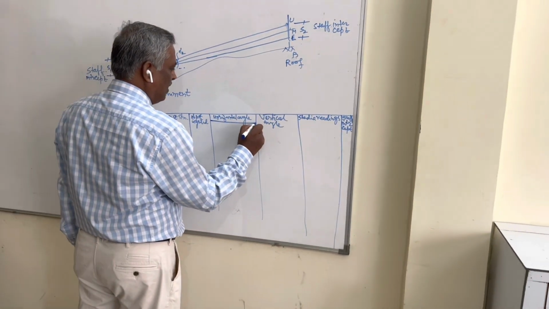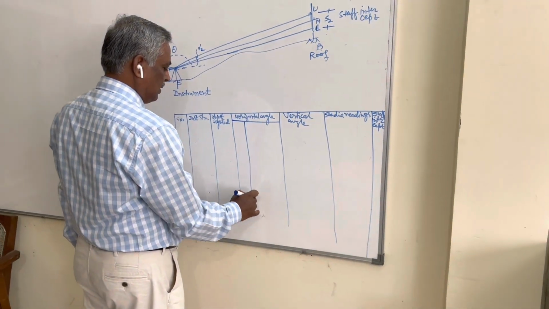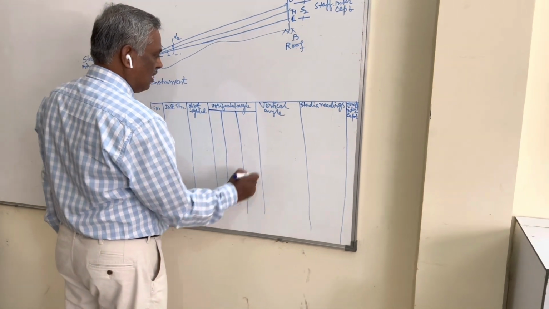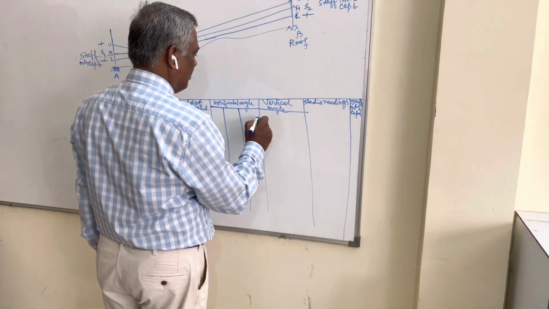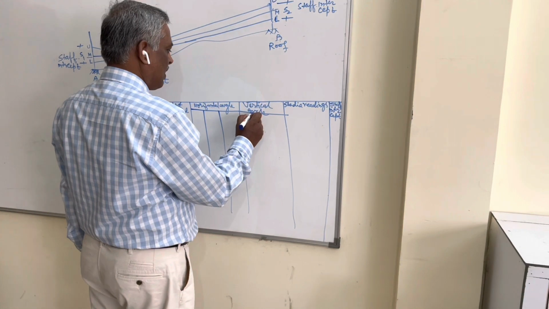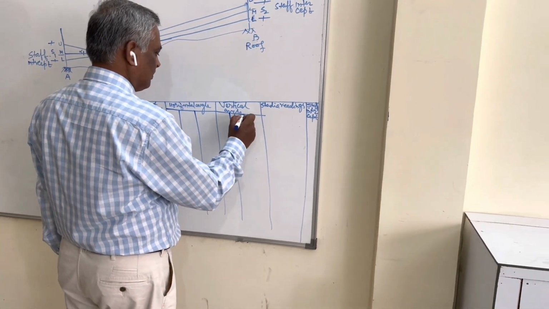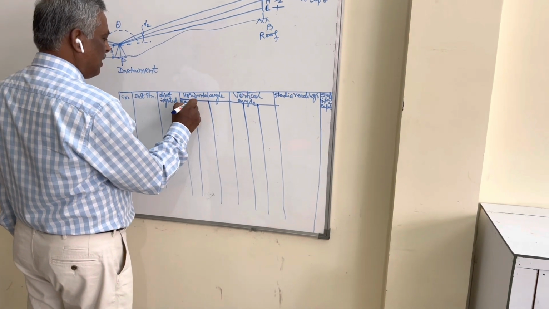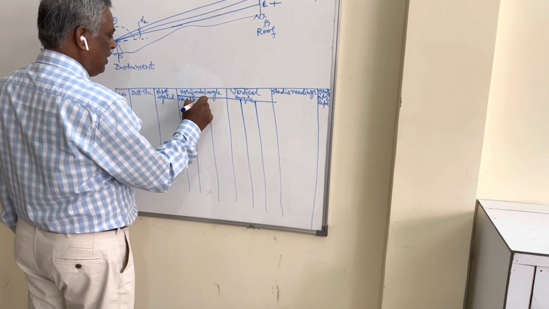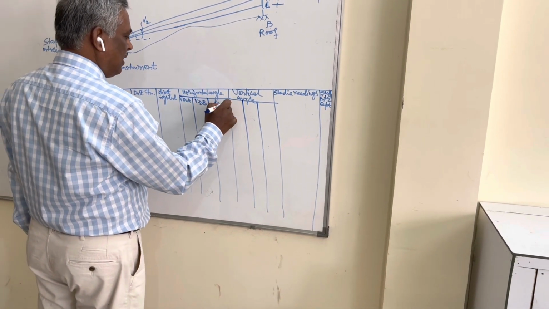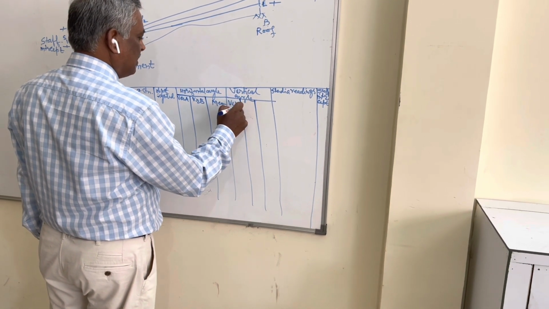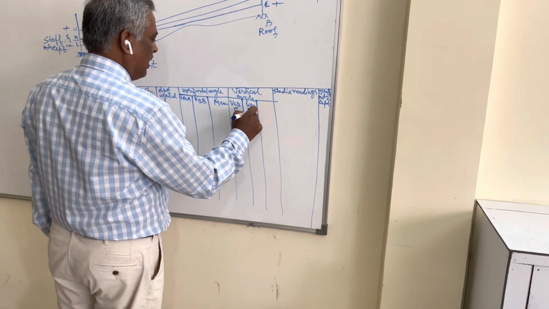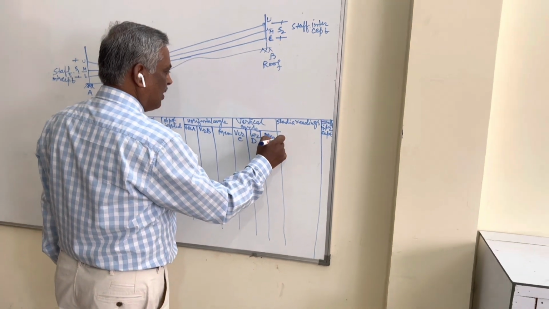Horizontal angle, we have 3 lines, 1, 3. Vertical also, there will be 3. Here the vernier A, vernier B and mean, vernier C, vernier D, mean.